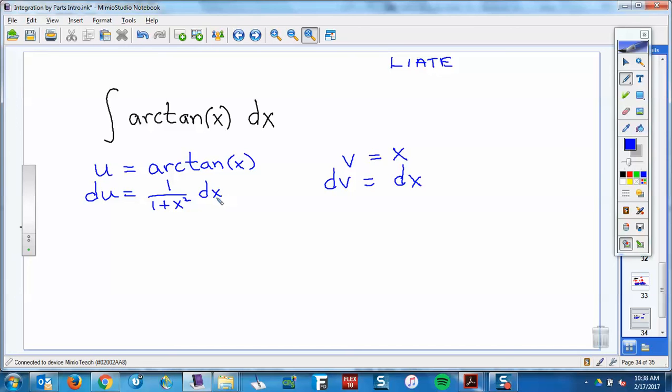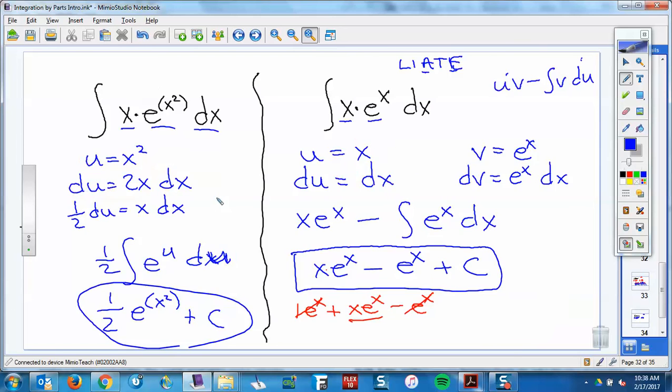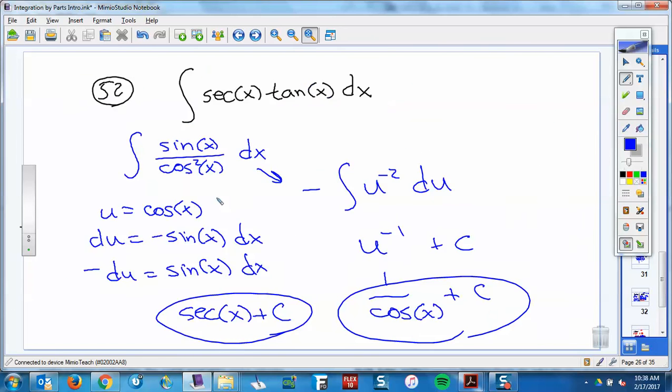Now, somebody in the other class, right before we did this one, had asked this question, and nobody in here did, but some of you may have been thinking about it. Remember, the point of these is to turn our integral into a new integral that is simpler, hopefully. That's the best scenario. Or at least turn it into an integral that we can do somehow.